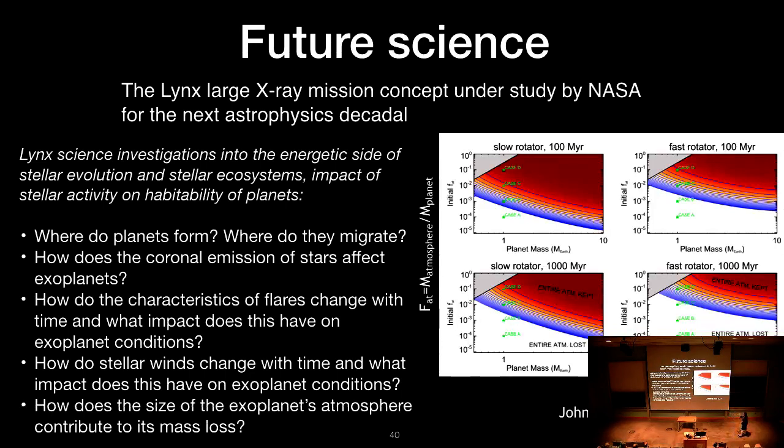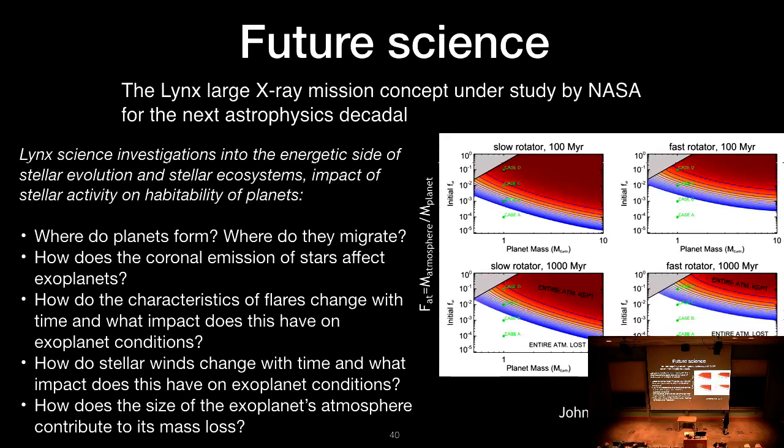And then this series of plots over here is just a teaser for showing the influence of the star's X-ray emission and its evolution in time. So these are calculations that Colin Johnstone did for a grid of different planet masses and different initial atmospheric masses of an exoplanet atmosphere for an Earth-like atmosphere.